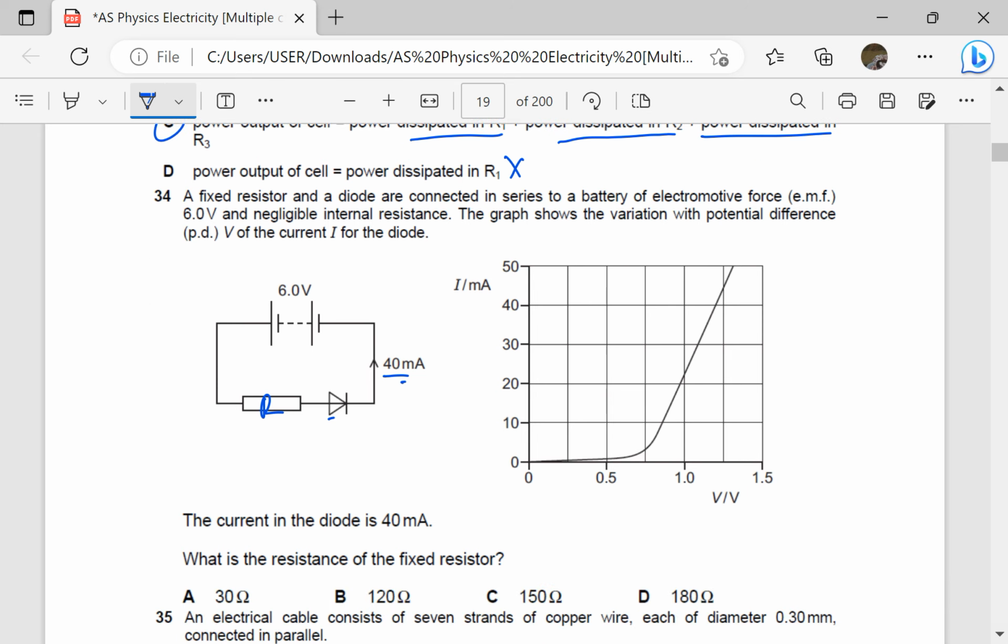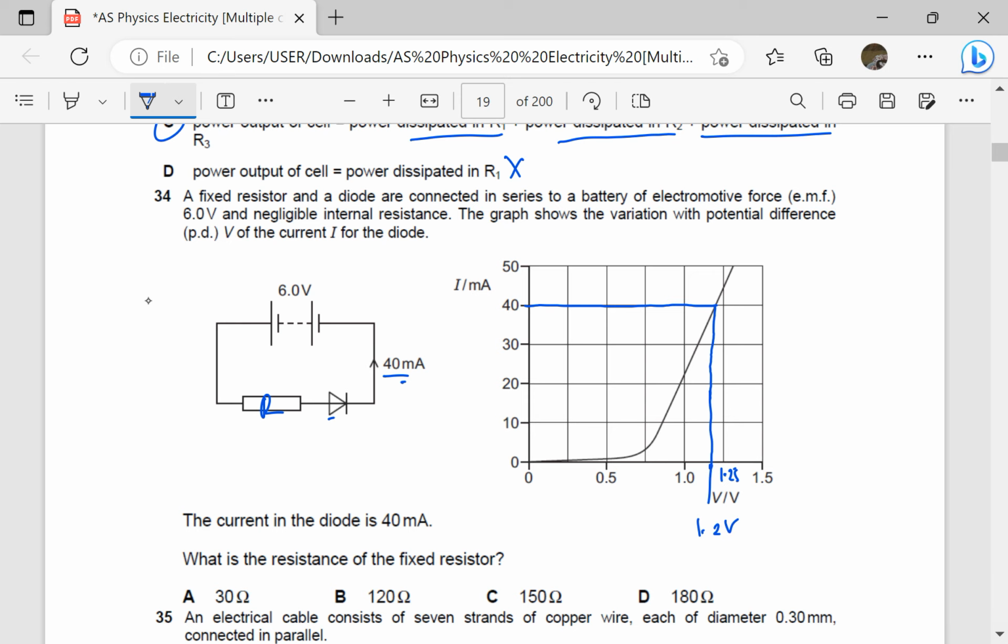So since the current is the same, the current is 40 milliamperes. We can estimate this value here for the PD. And I think if this is 1.25, this is most likely going to be 1.2. This one is 1.2 volts.